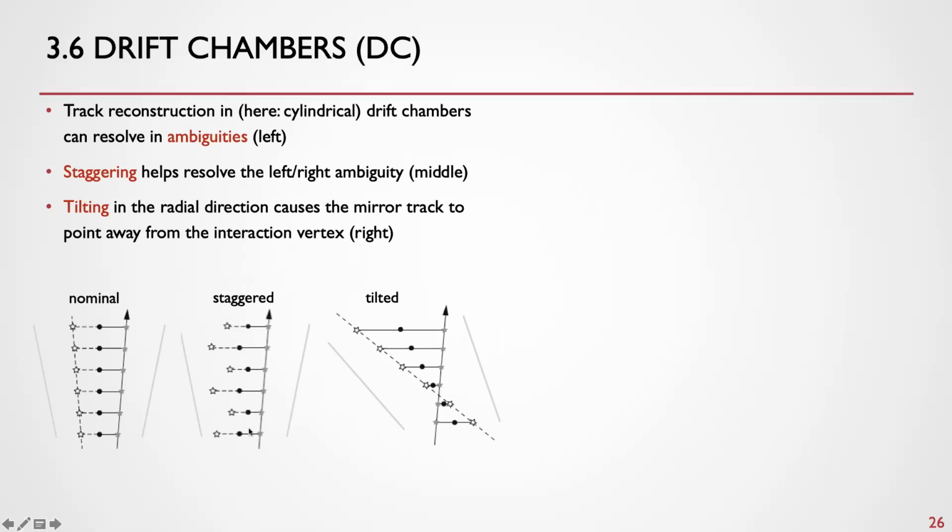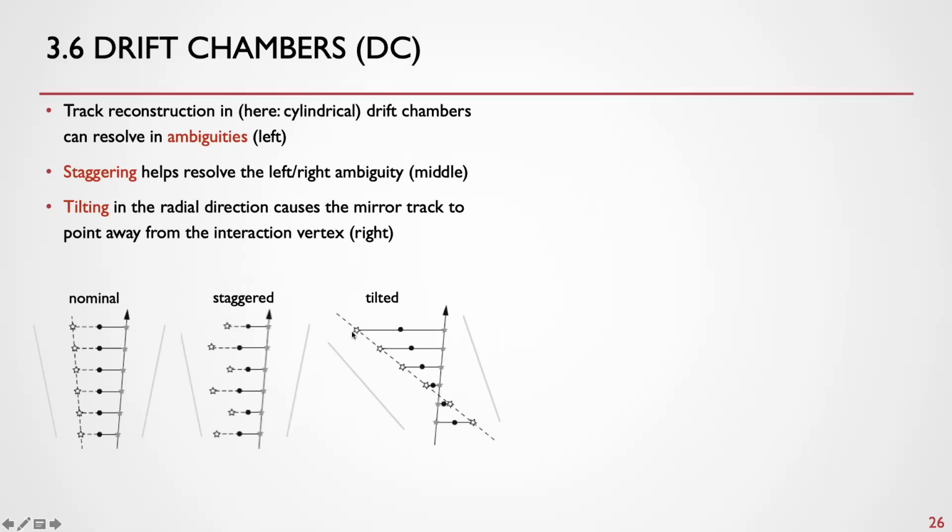That's one solution. Another solution is to tilt the plane of the wires, and a particle that originates from the beam spot, that would be down here, for example, would be a solution to the drift times according to the sketch here.